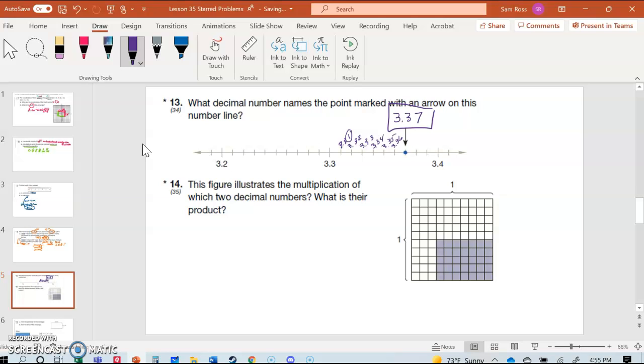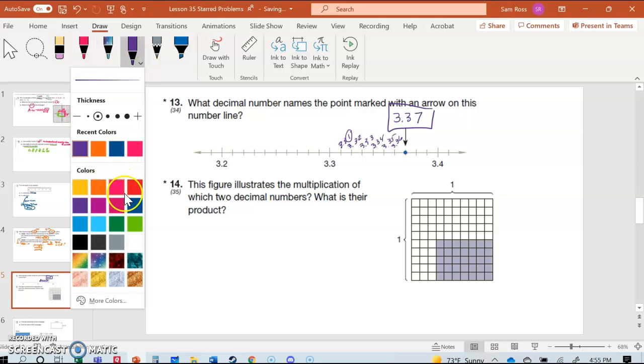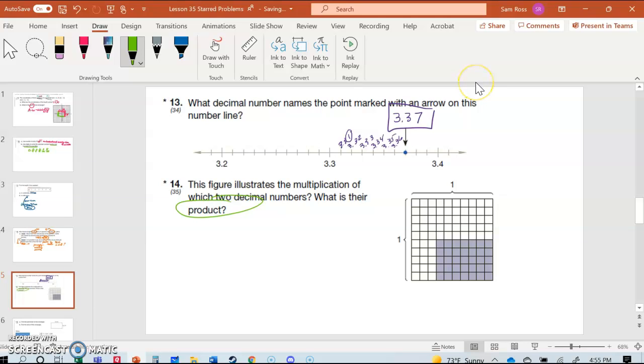Okay. Number 14 says, this figure illustrates the multiplication of two decimal numbers. What is their product? Okay. So if this is 1 and this is 1, let's see, this side is 1, 2, 5, 6, 7. So this is going to be 0.7. And this side is 1, 2, 3, 4, 5.